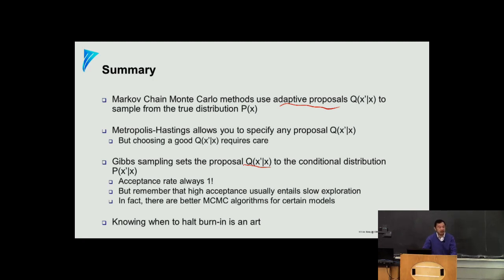By using the Markov blanket concept, you can make that simple proposal very easy to manipulate, and also get a constant acceptance rate of 1, so that the samples can be better used. And then you need to also take care of some empirical aspects such as convergence, equilibrium, good mixing, and so forth.